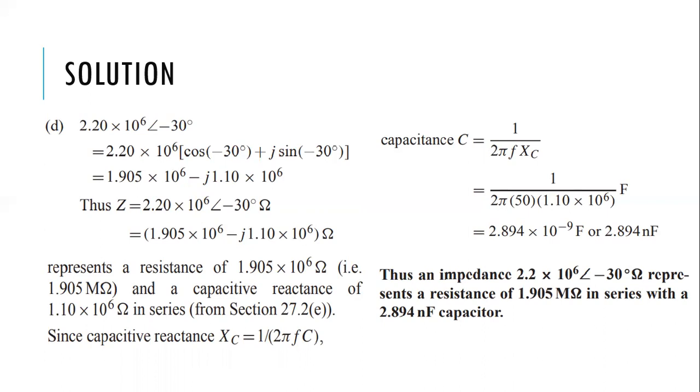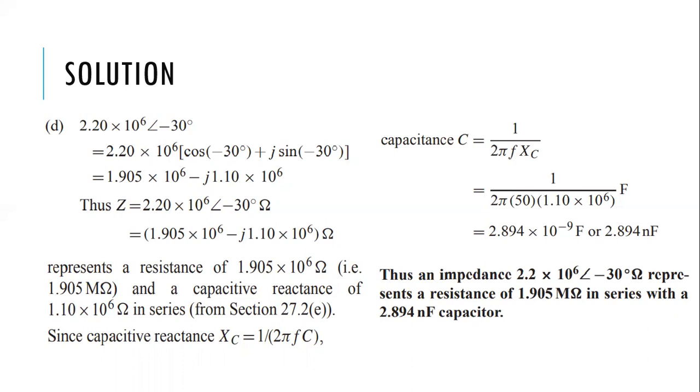So it's going to be 2.20 times 10 raised to the power 6, open bracket, cos minus 30 plus j sine minus 30.